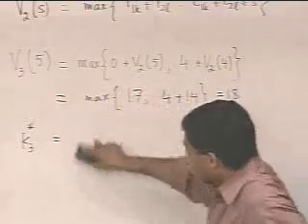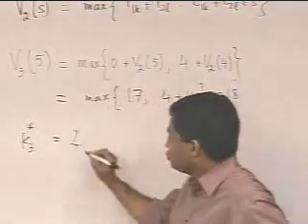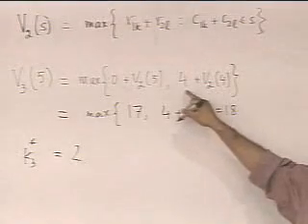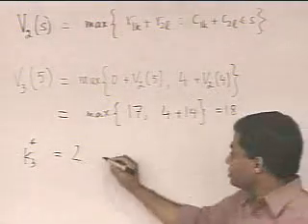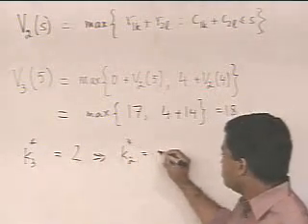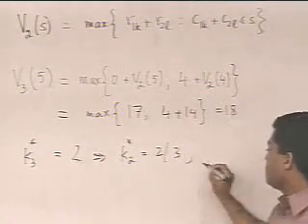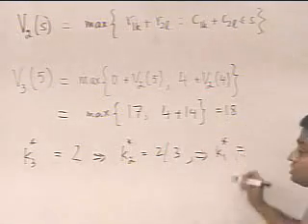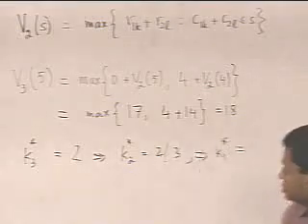Project 1 is nothing. Project 2 is to put $1 million. And now that you know that the best thing to do in plant 3 is to select 2, this implies that the best thing to do K2 star is going to be 2 or 3, which implies that the best thing to do at the first stage is what? Is to select project 2.